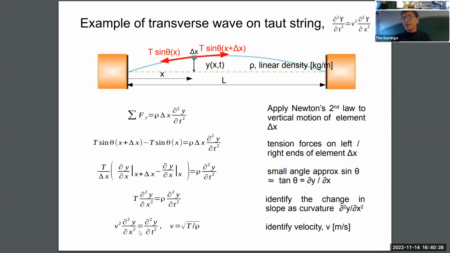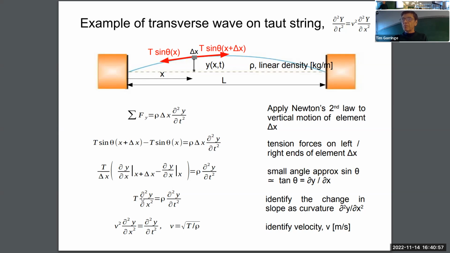So downstairs here, where I've rearranged things, we've got a second-order differential with respect to time, and a second-order differential with respect to space here. So for the units to be the same on the left and right-hand side, this coefficient of proportionality must have units of meters squared per second squared, and it is the square of the velocity.